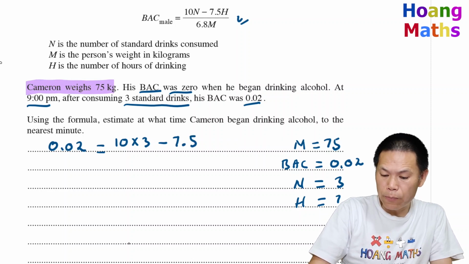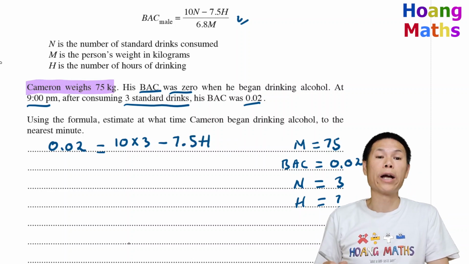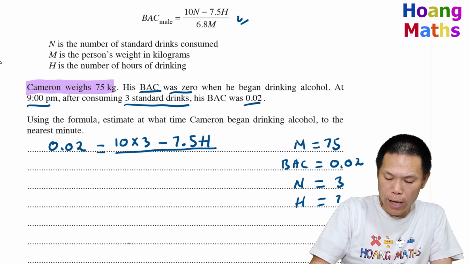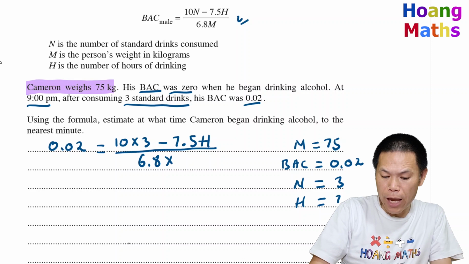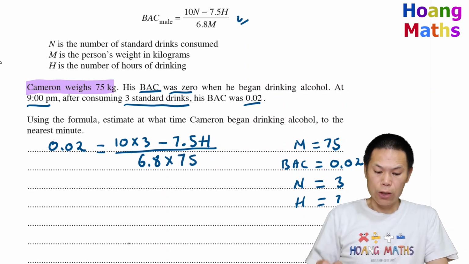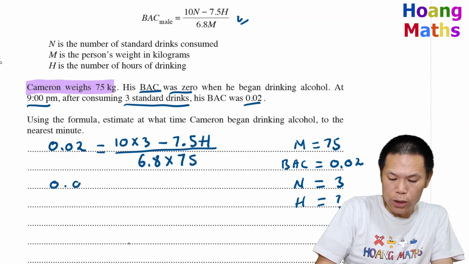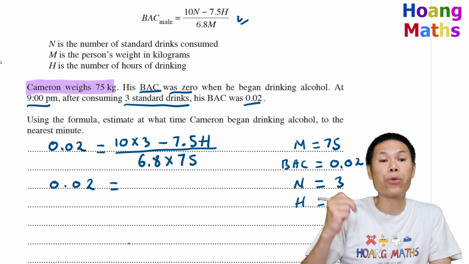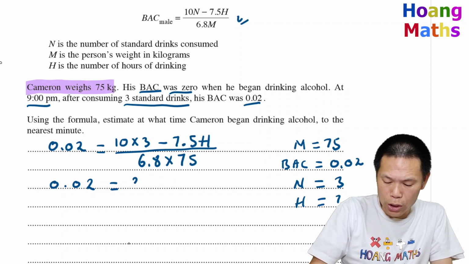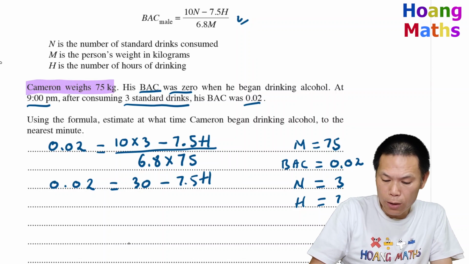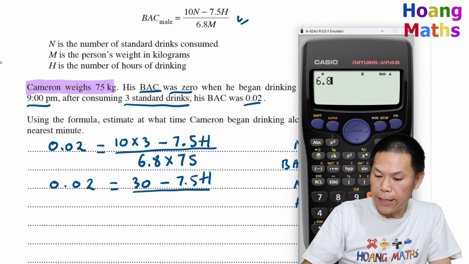So that is H, because we need to work out the value of H, over 6.8 times M. M is the weight, that is 75. So now let me just simplify this first. 0.02 equals 3 times 10, which is 30, minus 7.5 H over 6.8 times 75.